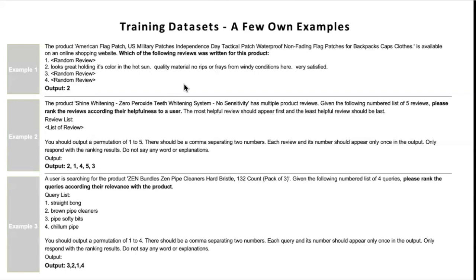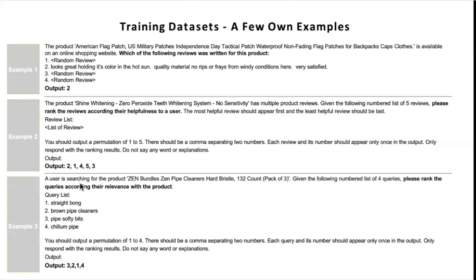So basically, this is how they create the synthetic data set. And also over here it asks it to rank the reviews according to their helpfulness to a user. So again, given the product title, and then there are 5 reviews, you are going to just rank the reviews to see how helpful each review is to a potential buyer of this product.